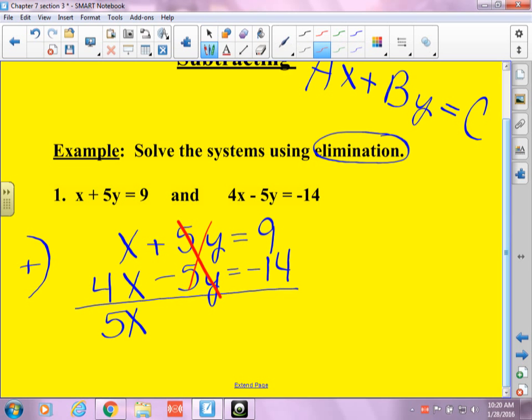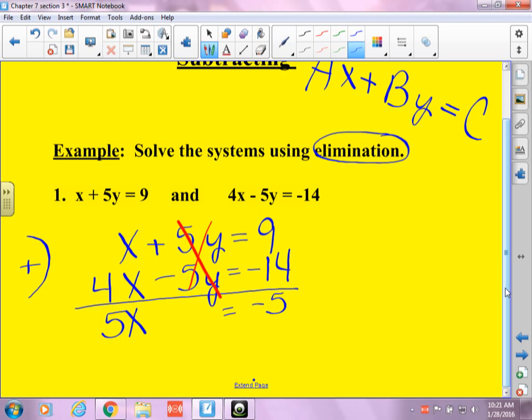That's where the word elimination comes from. I eliminated it. I got rid of it. So you should get rid of a variable by doing this. If you don't, you messed up, okay? All right, and then I've got equals 9 plus negative 14, which is negative 5.